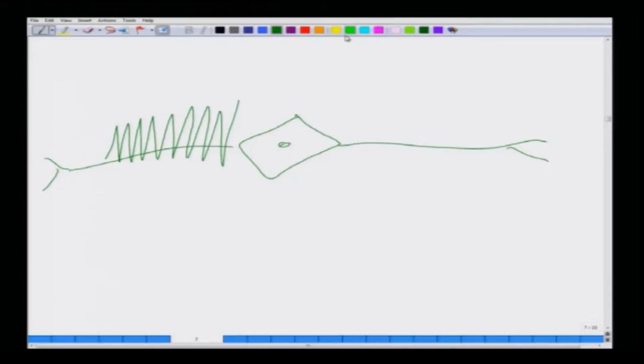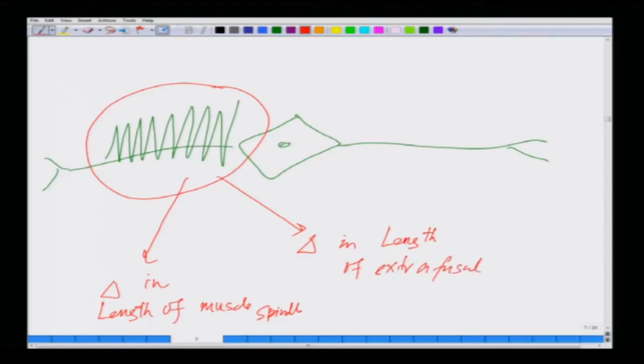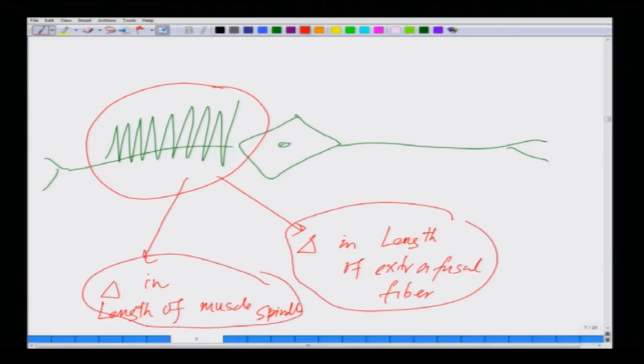Now, how from this can you deconvolute it back and tell that this component is saying the change in length of, say, the muscle spindle, and the change in length of the extrafusal fiber? How? These are the questions, because that is what it will tell.